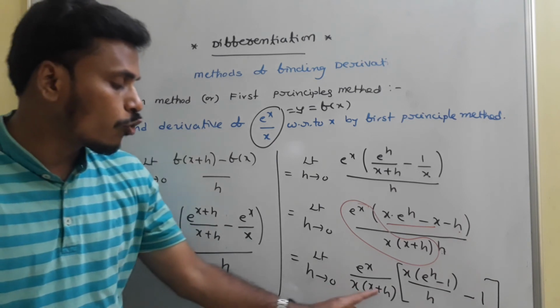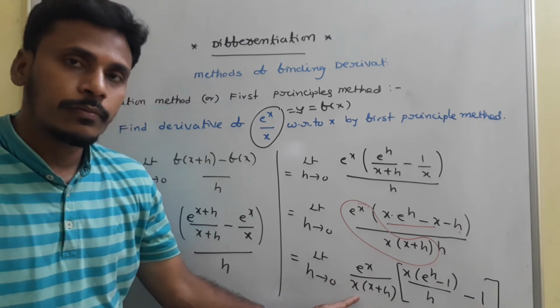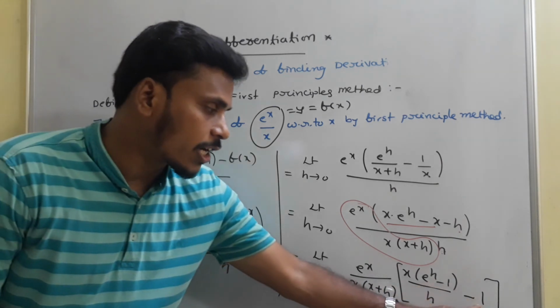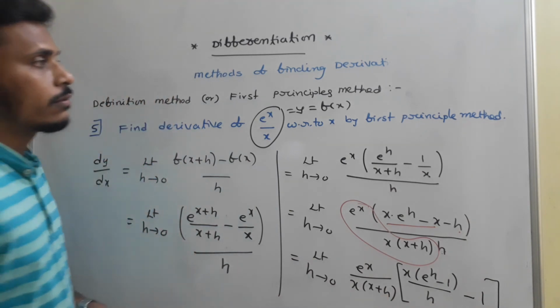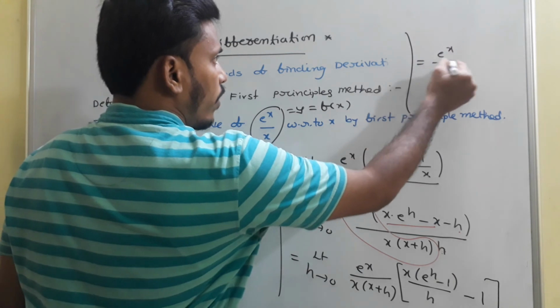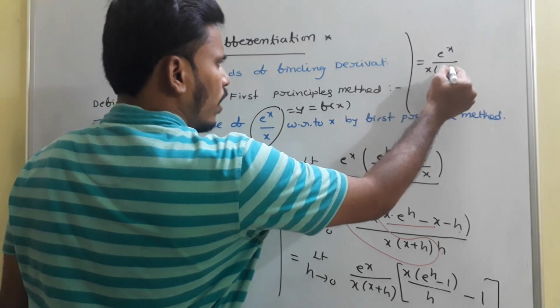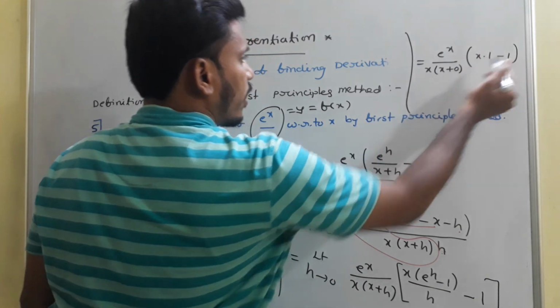And then here if you replace h with 0, what will happen? It will become just x only, right? So this is 1 and that is a constant 1. So here we are replacing 0. So this is equal to e power x by x into (x plus 0) into (x into 1 minus 1).